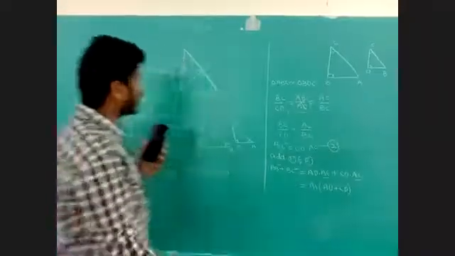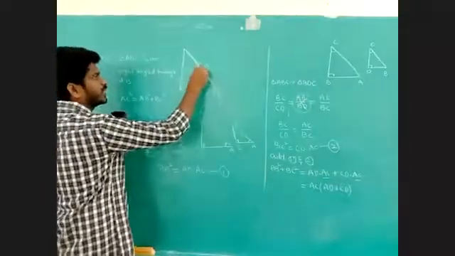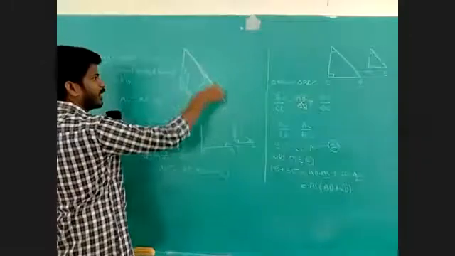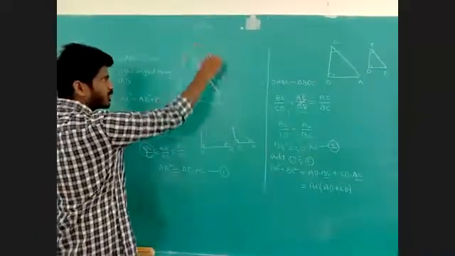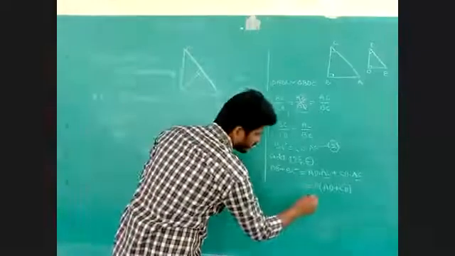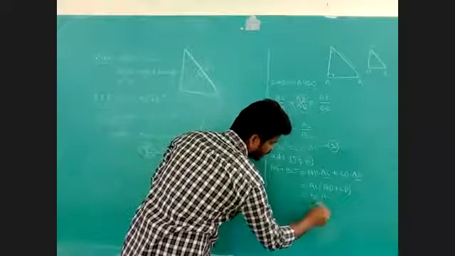From the figure, this is the first side AD, this is the second side CD. The sum of these two sides is equal to the total side AC. AC into AC is AC square.